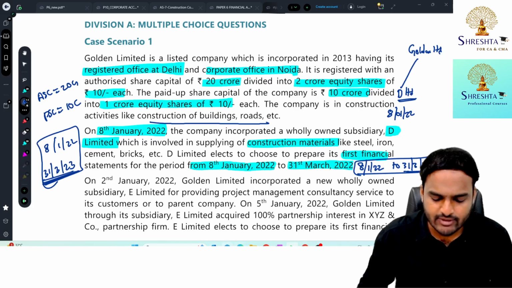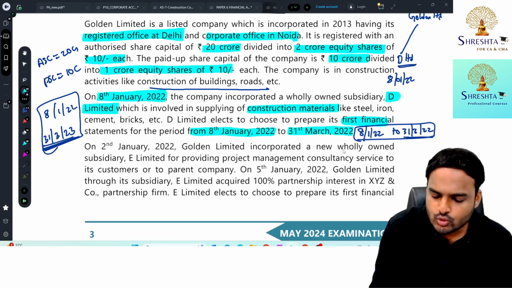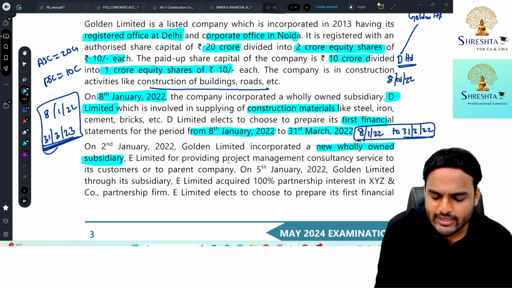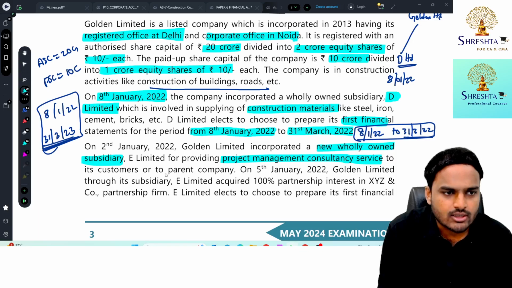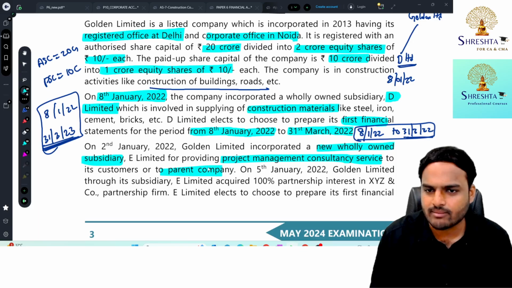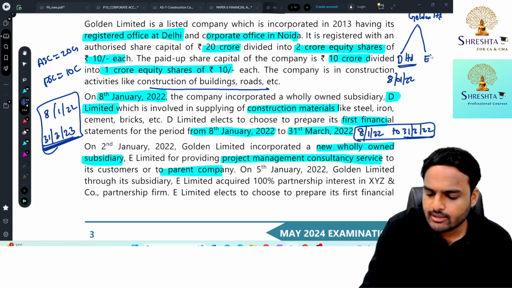Next one. On 2nd January 2022, Golden Limited incorporated a new wholly owned subsidiary, E Limited, for providing project management consultancy services to its customers as well as parent company. Now one more subsidiary company, that is E Limited. Incorporation date 2nd January 2022.